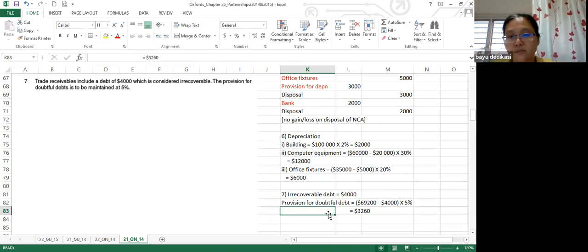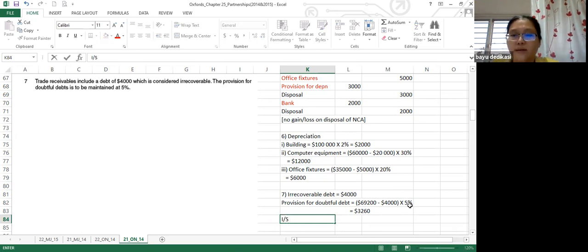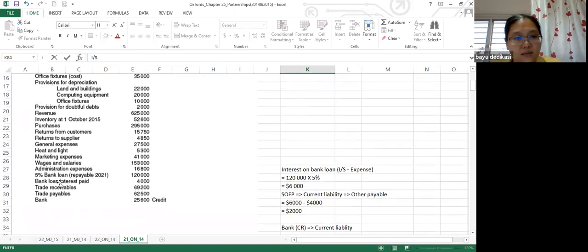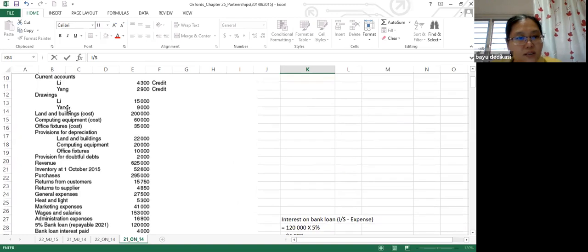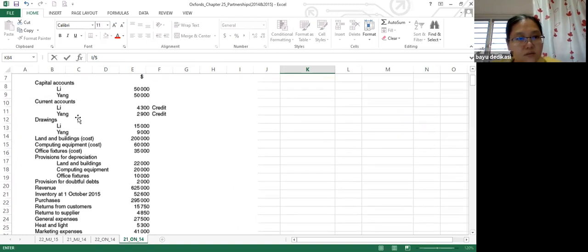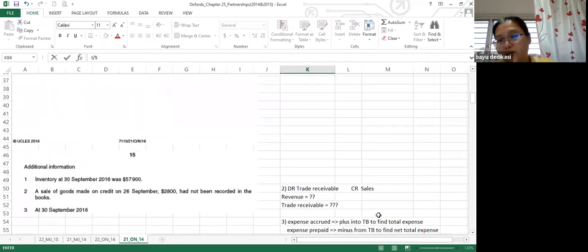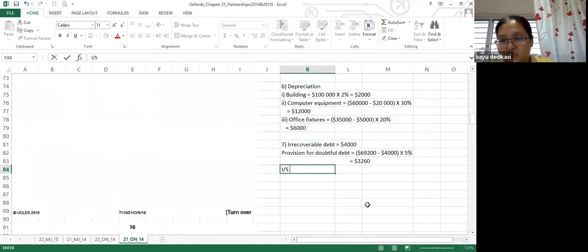So this is the amount that we have for the carried out. To find your income statement, whether it's an income or expense, we need to check the balance brought down at the beginning of the year. Where is the provision? Provision for doubtful debt 2,000 here. So beginning of year is 2,000 and now is 3,260.